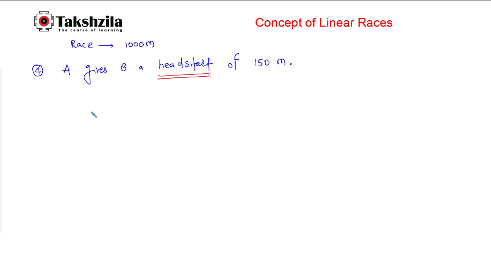It means to win, B needs to travel 150 meters less than A. To win, A is supposed to travel 1000 meters, whereas B is supposed to travel 150 meters less, that is equal to 850 meters. Or how can we represent this diagrammatically? Let's have a look at it.